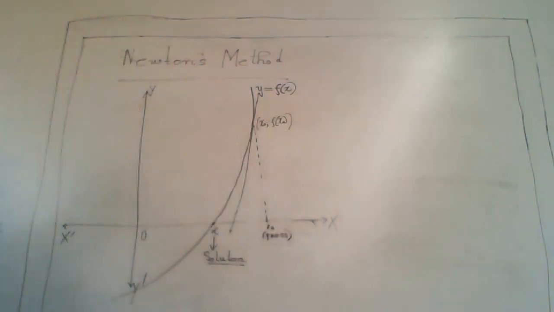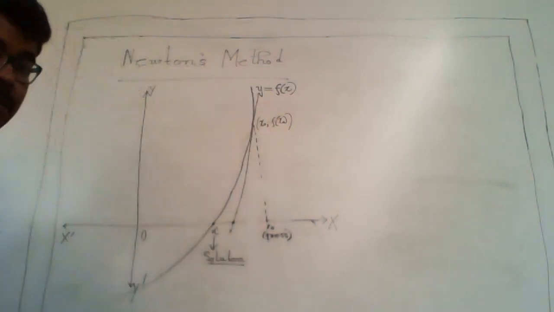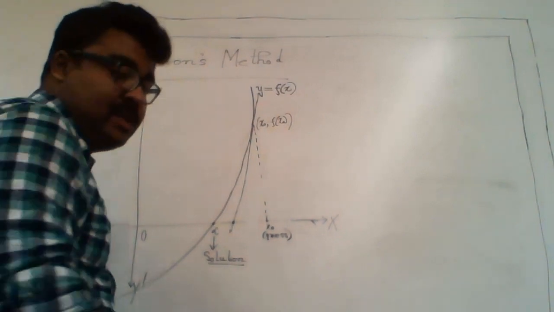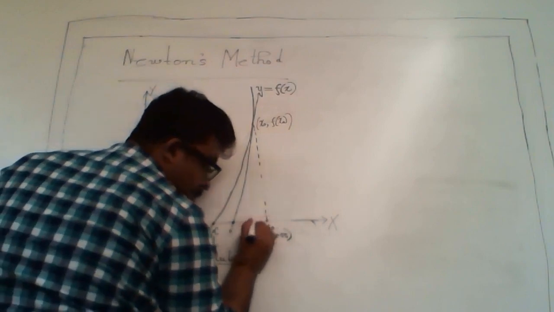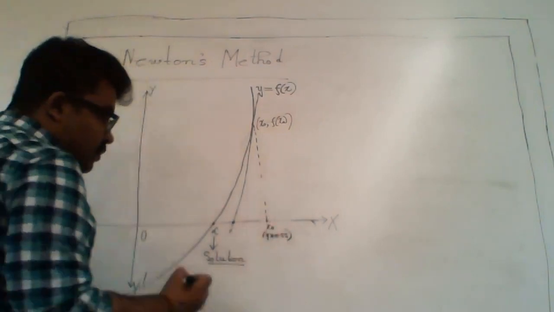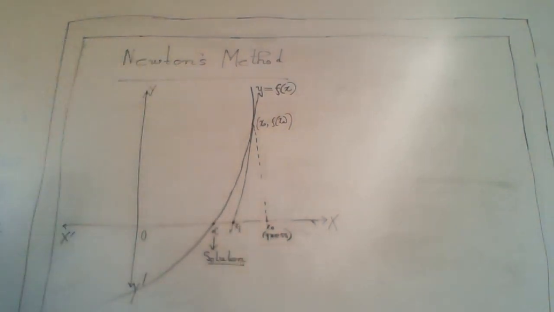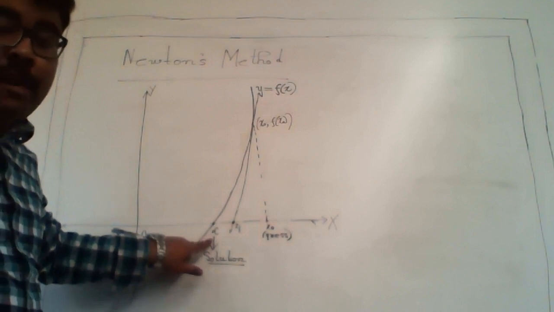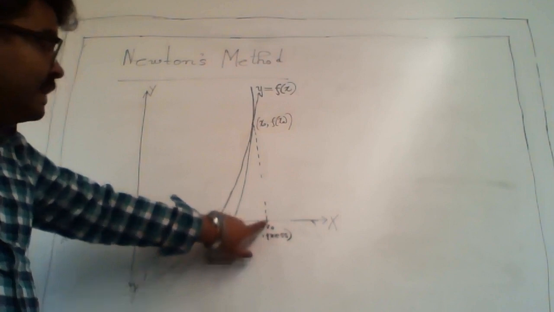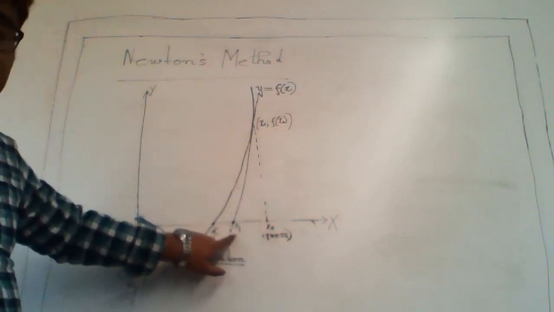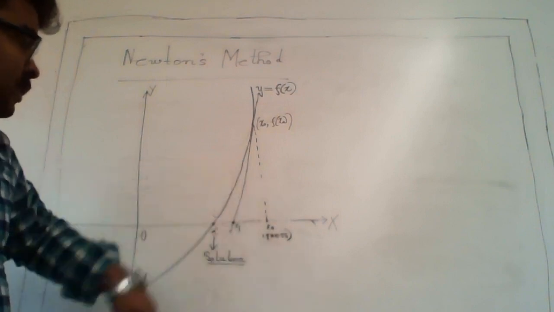I take a point and I draw the tangent line at that point. As you know, a tangent is a line which touches a curve at a given point. So it cuts the x-axis at some point. I name this point x1. Observe that this is my actual solution which I want to find out, and this was my given guess. Given any guess, if you do this process, you get a number which is closer to the actual solution than your guess. Then you repeat this process.